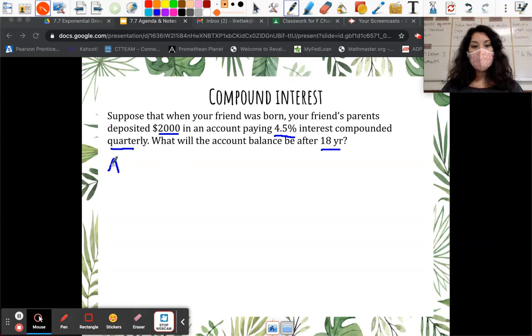Our compound interest equation is our account equals our starting principal times the quantity, 1 plus our annual rate divided by the number of times it's compounded in a year, all raised to that value N times T, which T is the number of years.